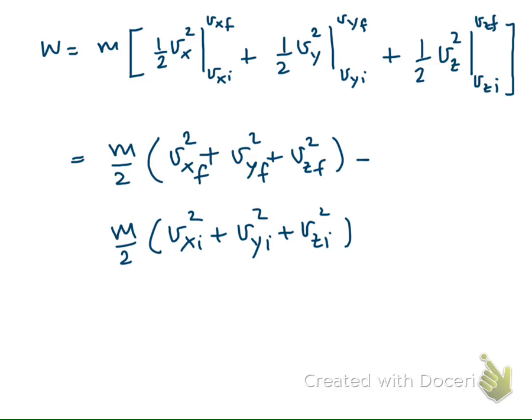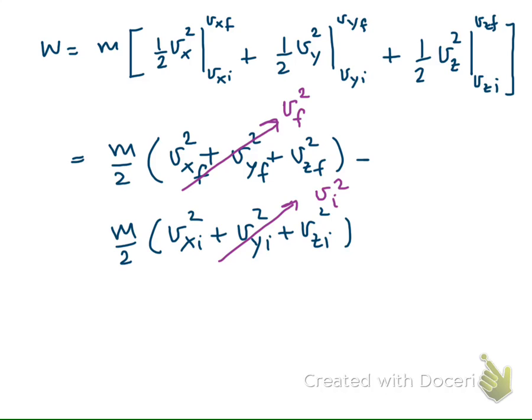But you can see that, as we discussed before, this term is just the vf square, which is the square of the magnitude of the final velocity, and this term is equal to the vi square, which is the square of the magnitude of the initial velocity.